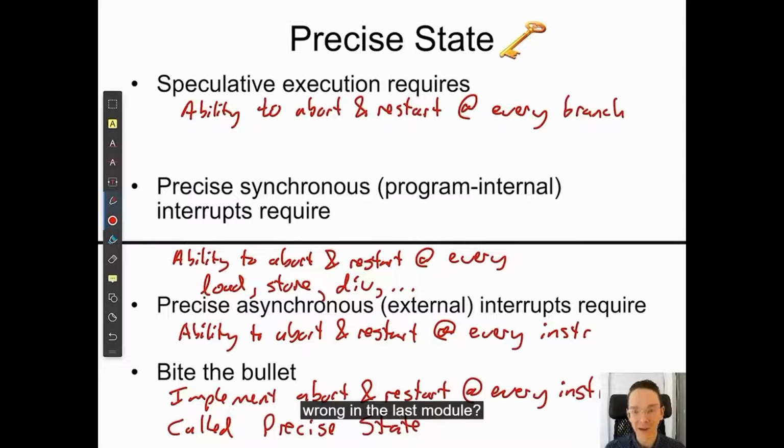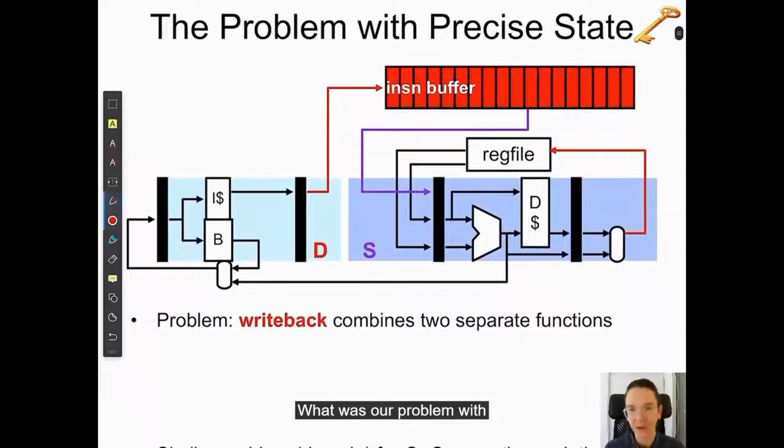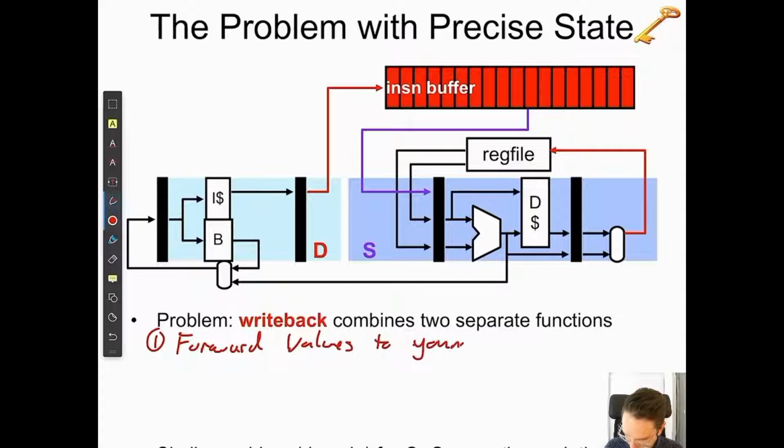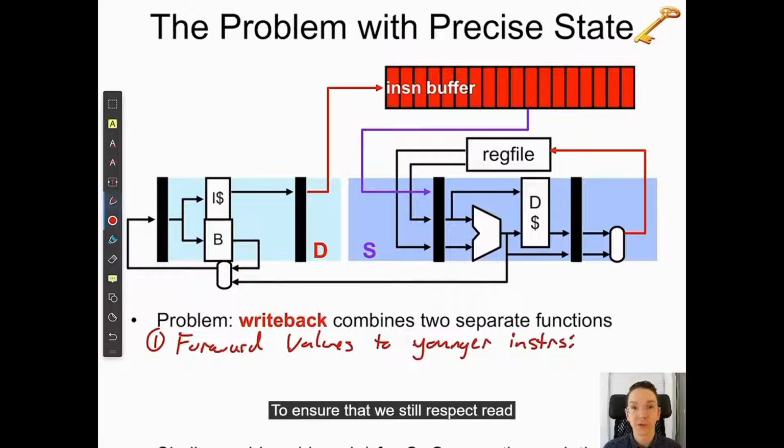So what exactly went wrong in the last module? What was our problem with implementing precise state? Here's our conceptual view of a processor with out-of-order execution. This was shown at the beginning of Module 4, where the processor dispatches instructions in order into this abstract instruction buffer, which issues instructions out of order down the rest of the pipeline. Now the problem with that design was that the write-back stage of the pipeline combines two separate functions. First, it forwards values to younger instructions to ensure that we still respect read after write dependencies, and this was fine.